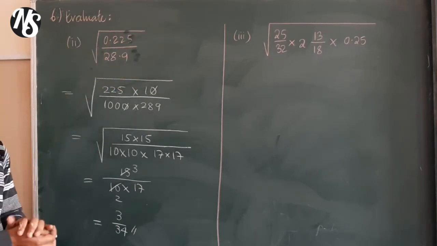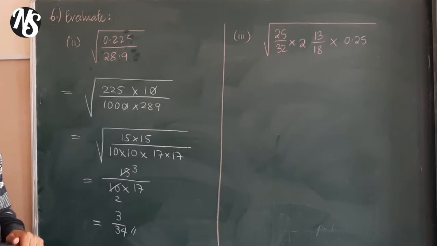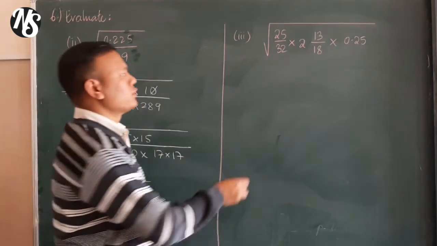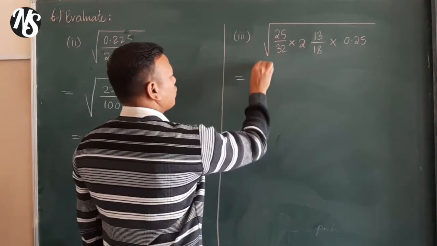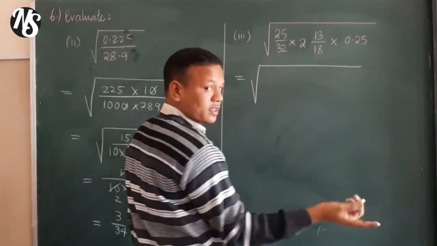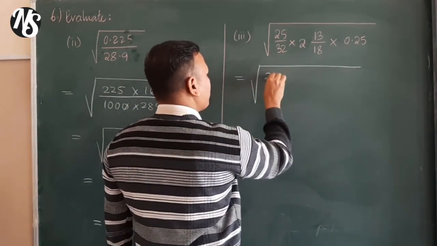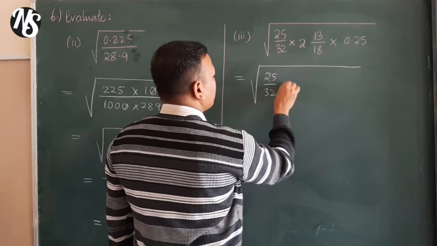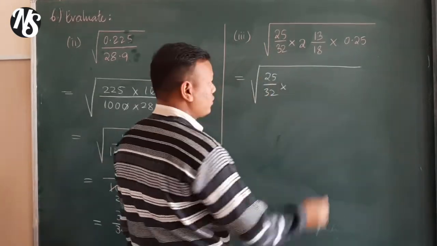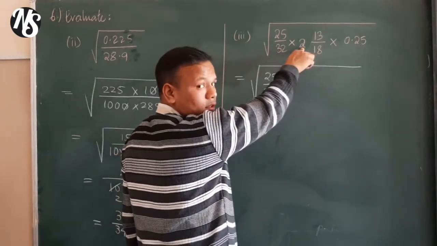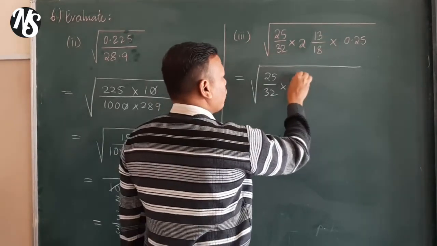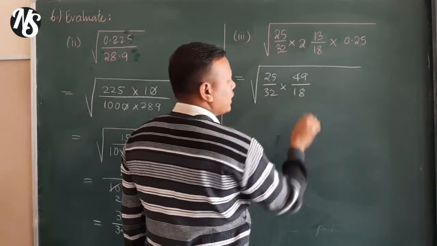Let me take question number 3, the last question for the day. Here also the work is similar. Whatever we need to simplify, we'll just simplify it. So this is 25 by 32 into, this is given in mixed fraction. So 18 into 2 is 36 plus 13 is 49 upon 18.